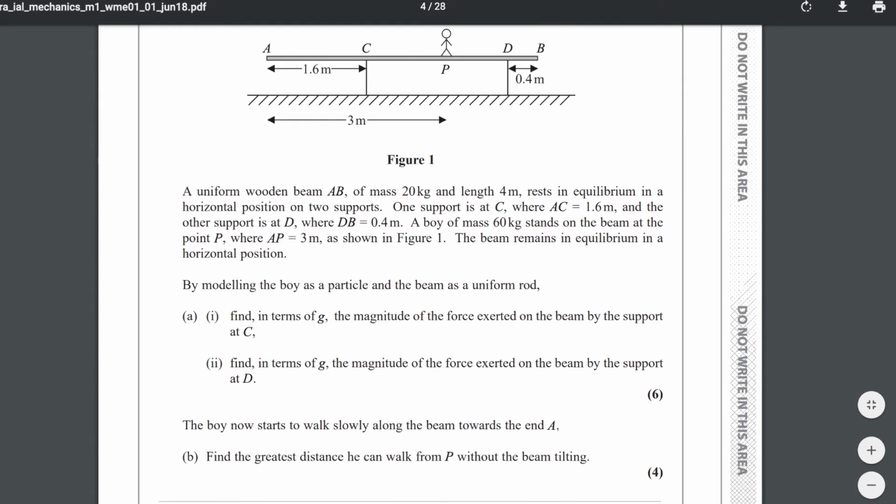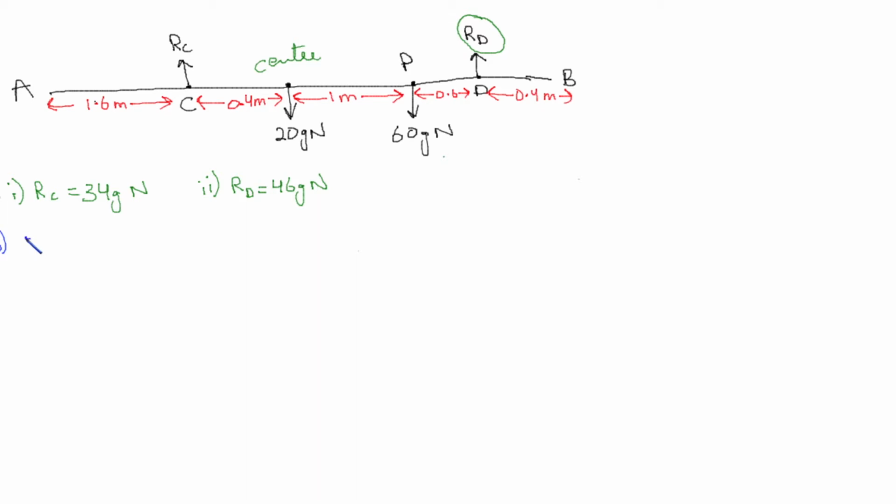So let me just come here, and right before the beam tilts, our D will be 0.